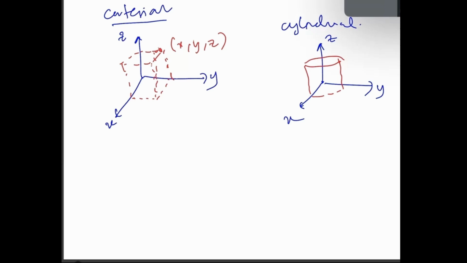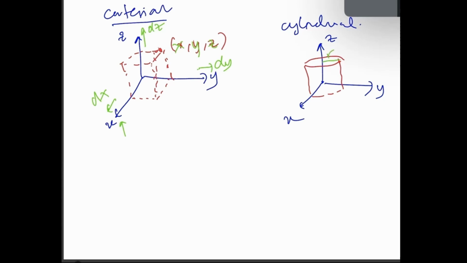For Cartesian, we have x, y, and z vectors. For small changes along the x vector, we call it dx. For the y vector, we call it dy. For z, we call it dz. These are small changes along the vectors. For cylindrical, we have r here.